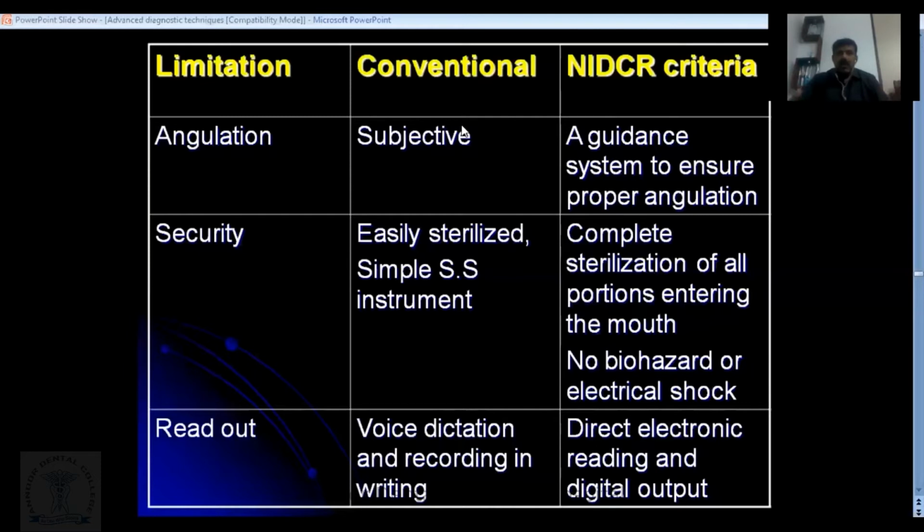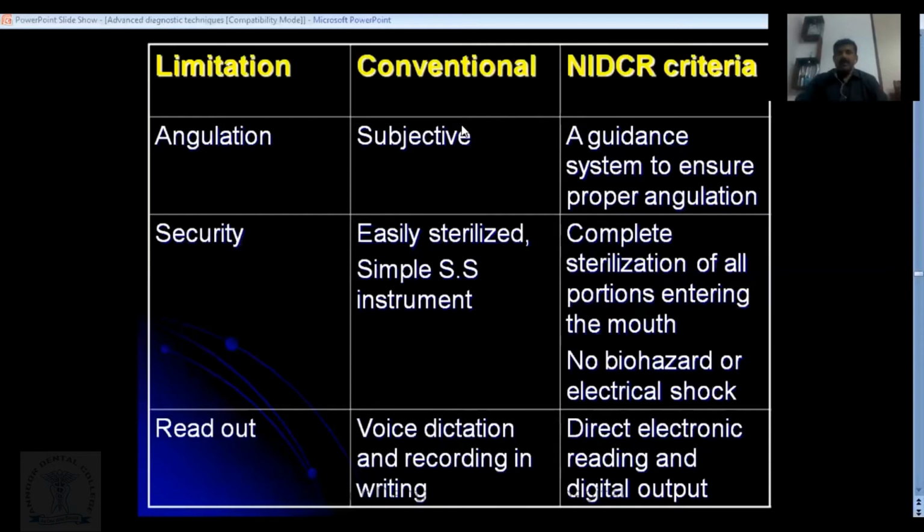And usually, how do you evaluate the probing depths? When you take a case history, you probe, then you read out the measurement, say 5, and your assistant records it on the case history. So that is voice dictation and recording and writing.